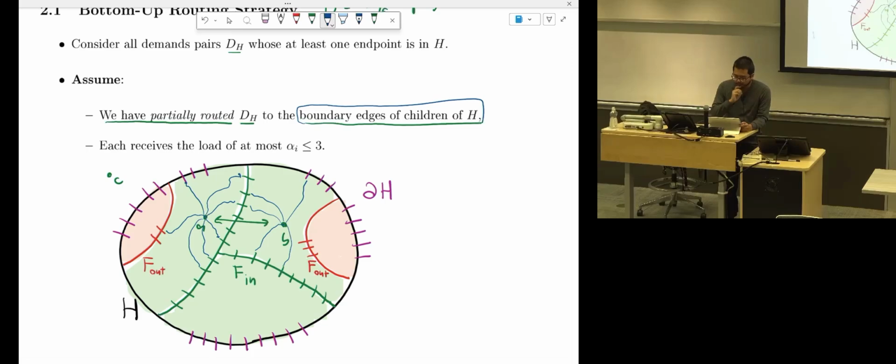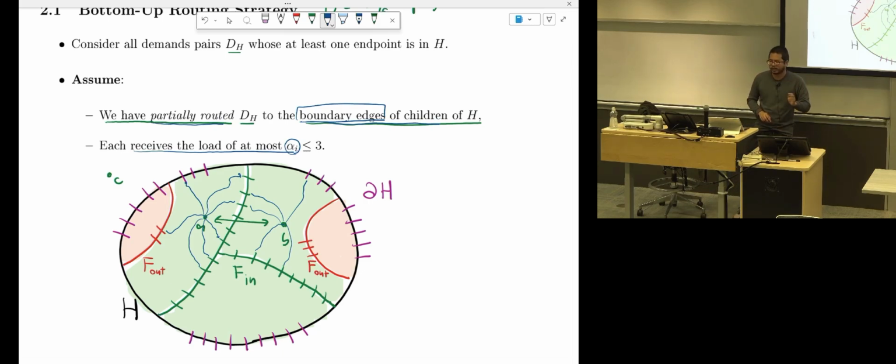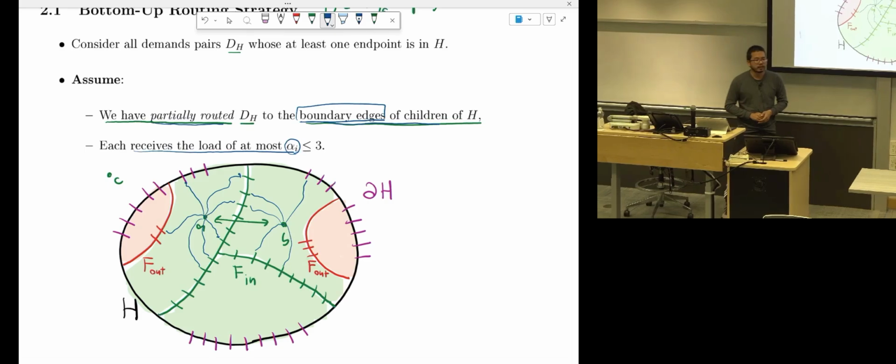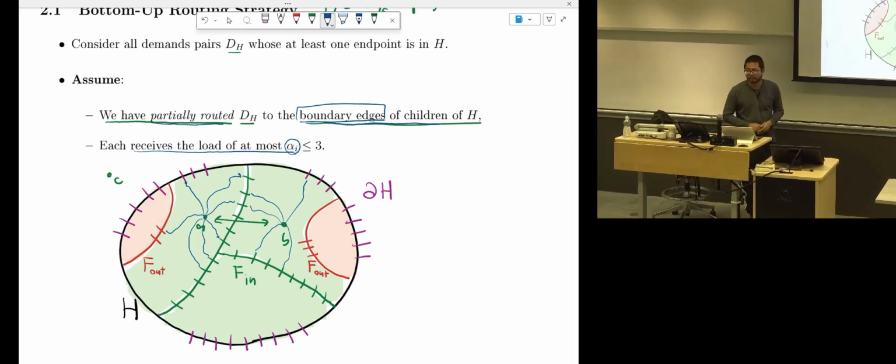I have some more promise. That is the flow that is routed by the children that stops at the battery of the children. Each of these battery edges receives a load of at most alpha I. And think of alpha I as some constant, but it's not 1. It's at most 3, but it's not 1.